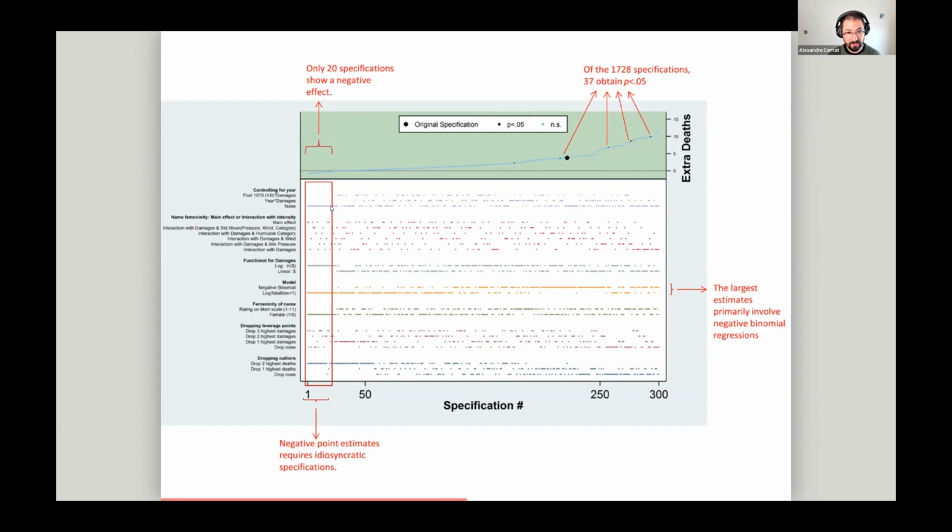So we see that, for example, the negative coefficients that we have here appear when you have a particular combination of, for example, the model that you're running, the way you define damage, and the way you define femininity. All of these together combine to give this atypical result, with a negative relationship between gender and number of deaths due to the hurricane.